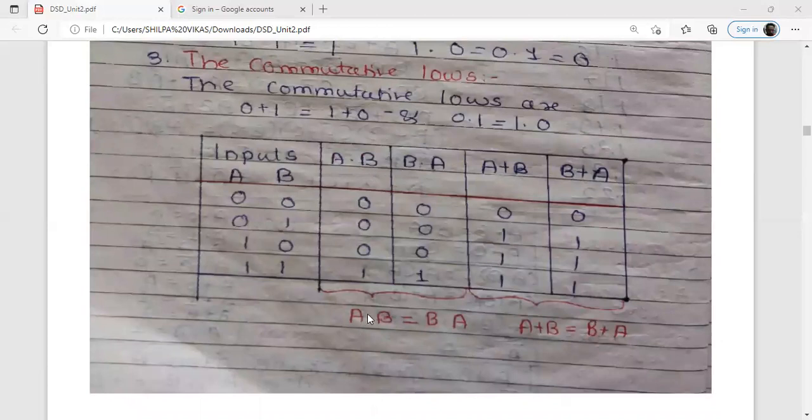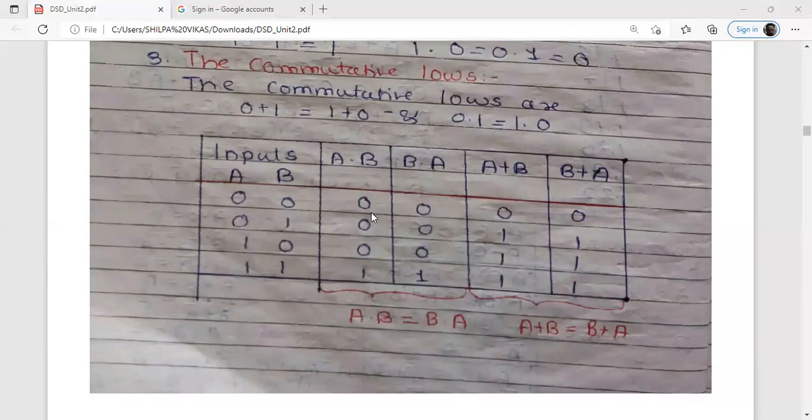So here, A dot B is equal to B dot A. We are going to prove it by using this truth table. These are the values of A, B. So A dot B: 0 dot 0 is 0, 0 dot 1 is 0, 1 dot 0 is 0. As we are multiplying anything by 0, we get output 0. And if you multiply 1 by 1, then the output is 1.